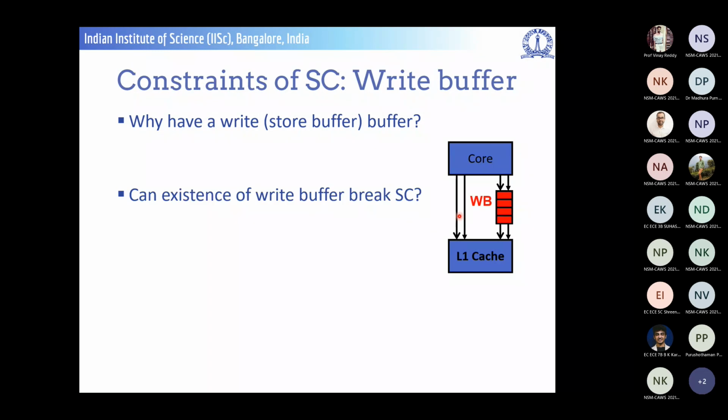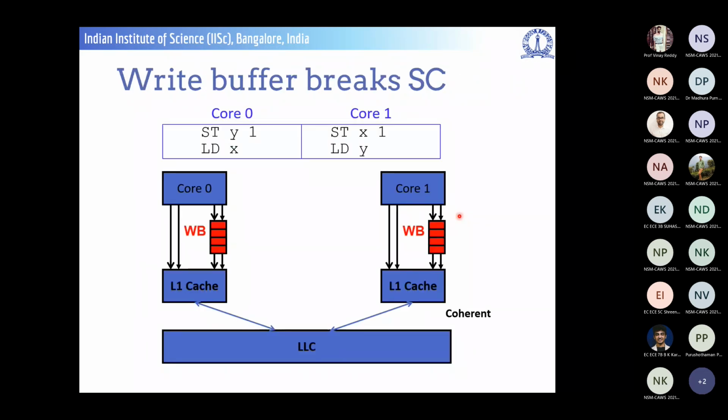Now the problem is that the existence of a write buffer will break sequential consistency. So let's take an example. Remember that we just said that for this piece of code, with the store to one, both x and y cannot load 0, 0.